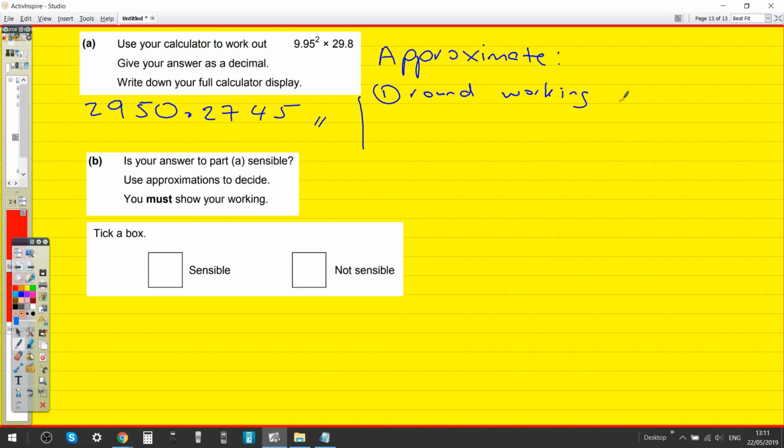So that's the figure before the decimal point. It's 2, so it's just going to stay 2950. So that's the answer. We want the working out rounded.